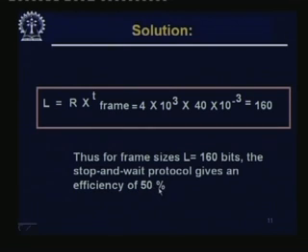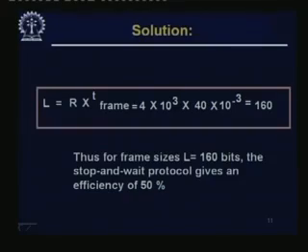Okay. Please note that you will not be able to better this. That means, if L is equal to 160 bits, then your t frame is equal to 40 milliseconds, which is twice the t prop.